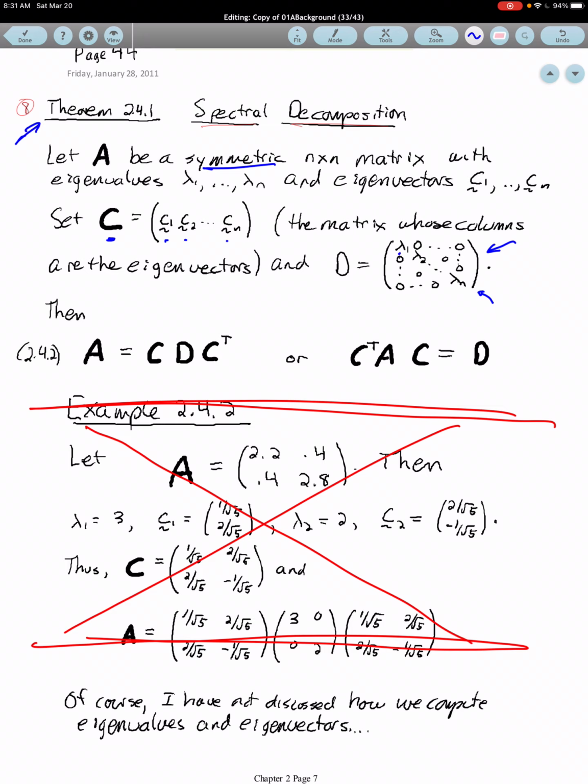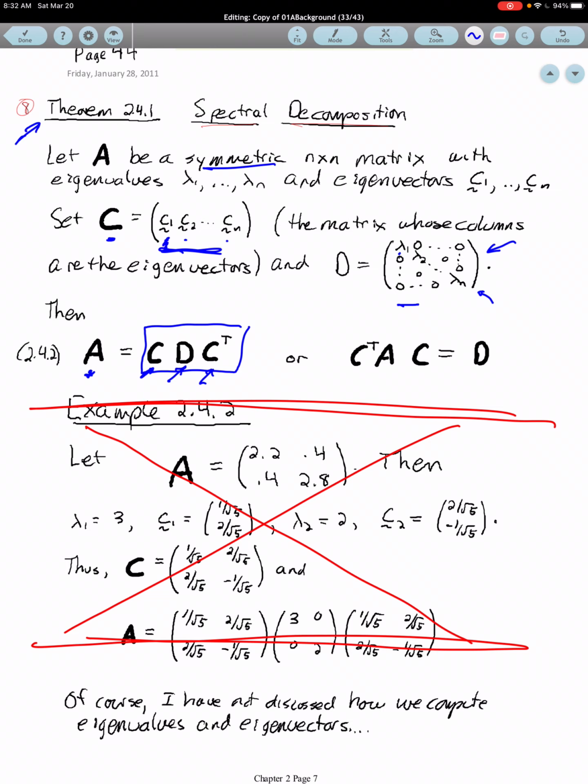So lambda 1 is the eigenvalue for eigenvector C1. And you can show that the matrix that we started with can be decomposed this way, that this matrix C with these columns here times the diagonal matrix D times C transpose will give you A. And so this is a way of decomposing, you can think of maybe factoring, the matrix A. This is a really useful decomposition.